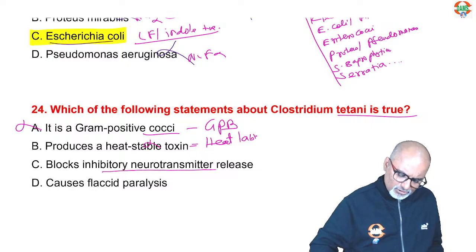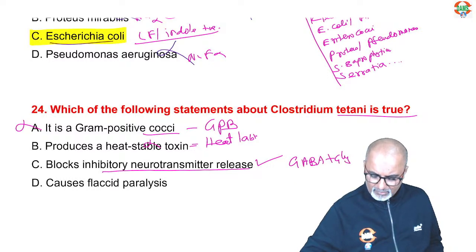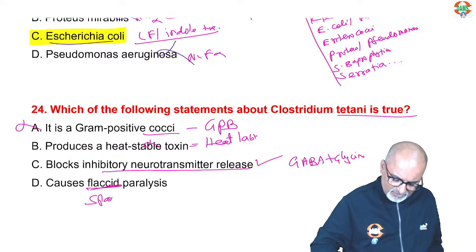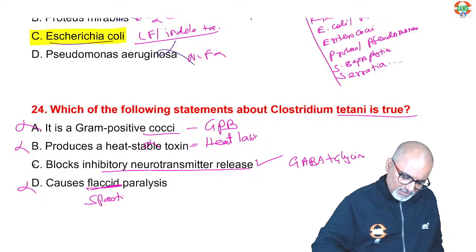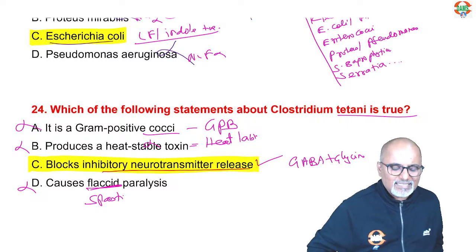Blocks inhibitory neurotransmitter release? Yes, it blocks GABA and glycine, which leads to spastic paralysis.